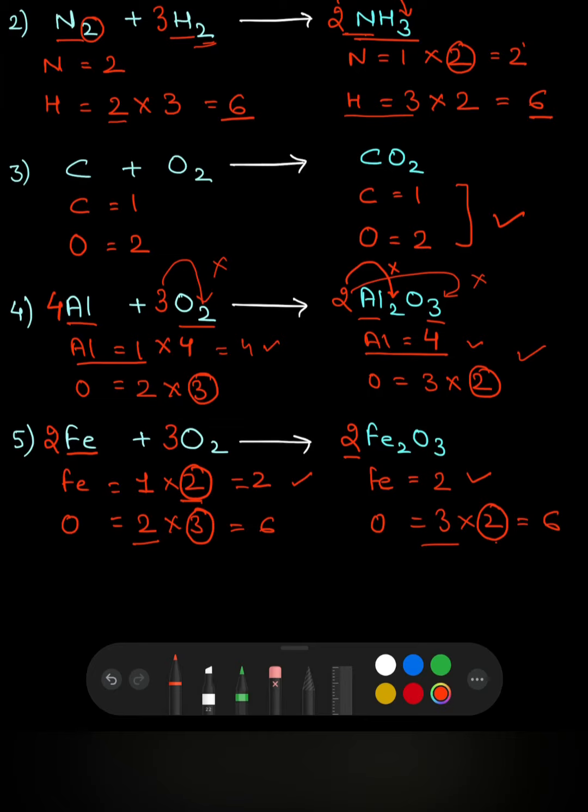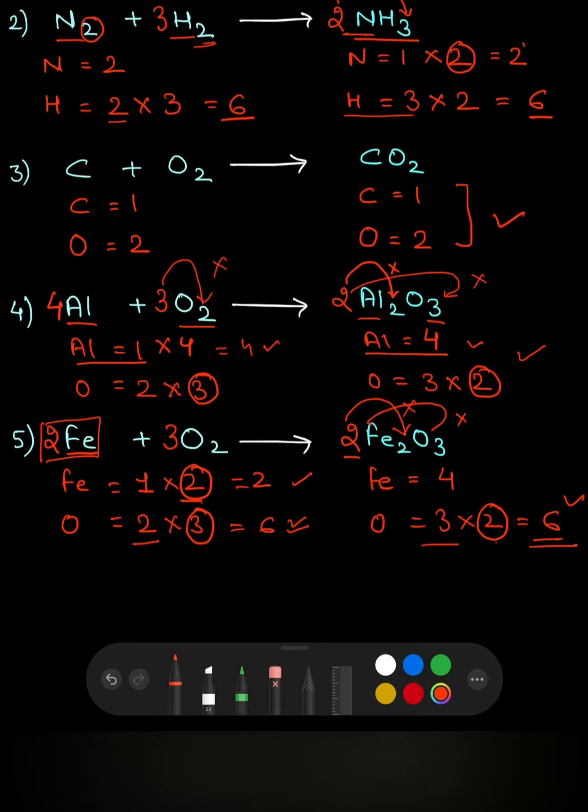Now we observe that 2 iron atoms are present on the left side, whereas 4 iron atoms are present on the right side. Oxygen atoms are 6 on each side, so this is correct and oxygen is already balanced.